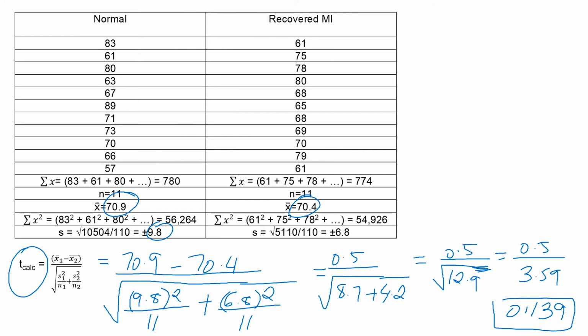Okay, I have my calculated t-value. Then what? Again, that doesn't really tell me whether my two means are significantly different, or whether there is no significant difference between the two. And so we are going to have to calculate something else.